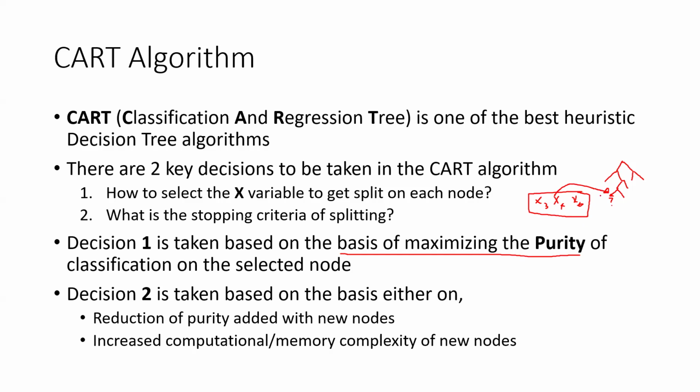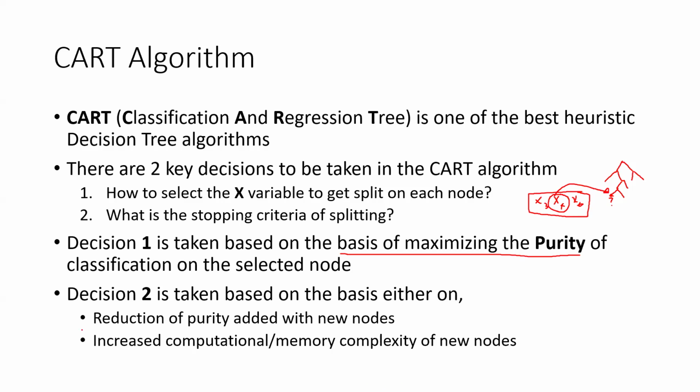That means you would classify that particular node with much higher purity when you add this x4 variable into this particular node, right? That is how you take the split decision. That is how you find the best variable to be added to the tree when you want to build the tree, right?